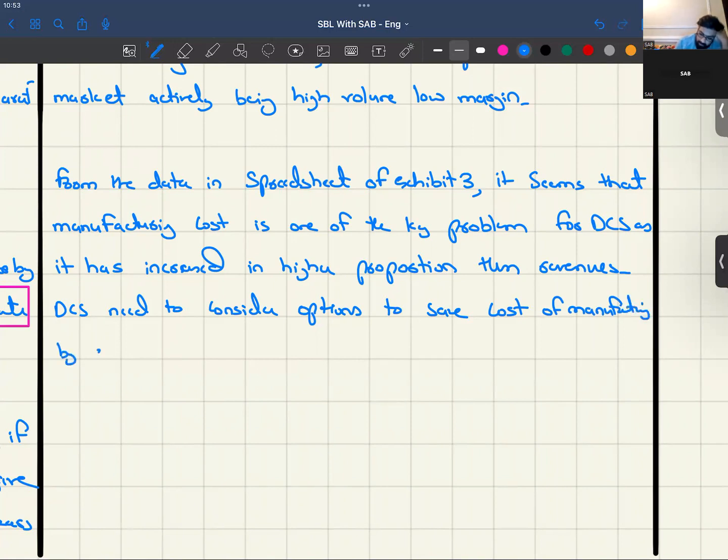By expanding the supplier network. They currently deal with only one supplier, so they could expand their supplier network here. Now, this is commercial sense, right? Bulk purchases, etc. That's how you could save your cost, right?